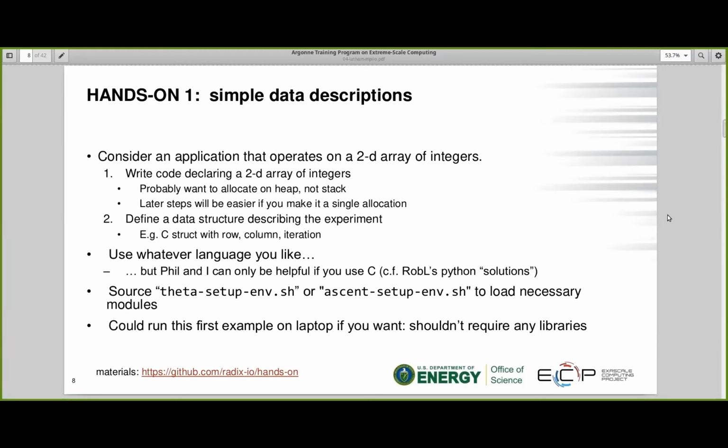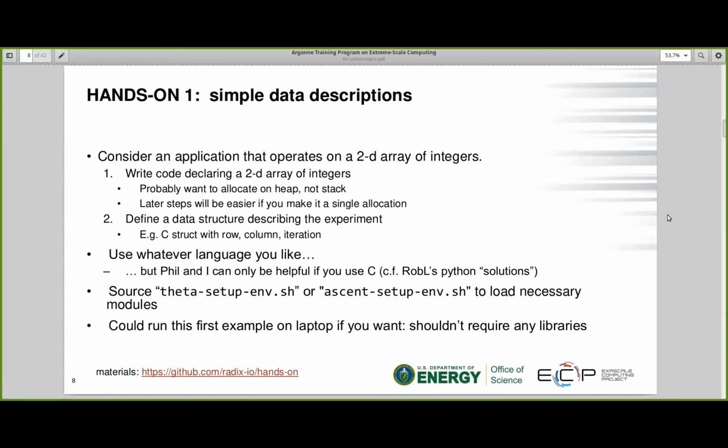We have access to 2 machines, maybe a few more this week, but for the I/O part, we'll look at Theta and Ascent. And in the Git repository, there are some environment files that will load up all the modules we can imagine you needing, and hopefully that will get you going about how to figure out the exact naming convention of all these modules on the different systems.